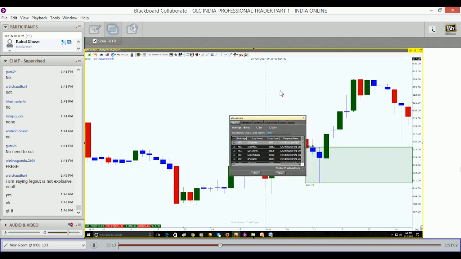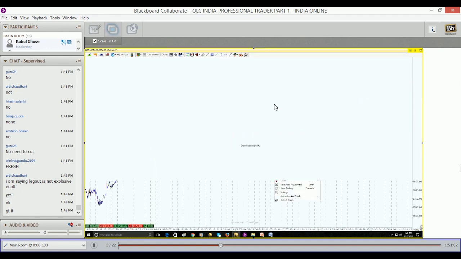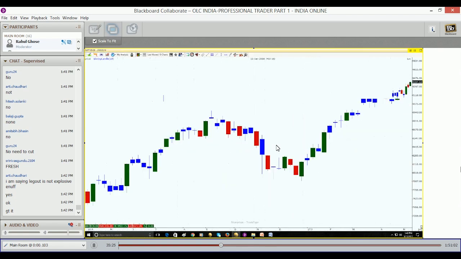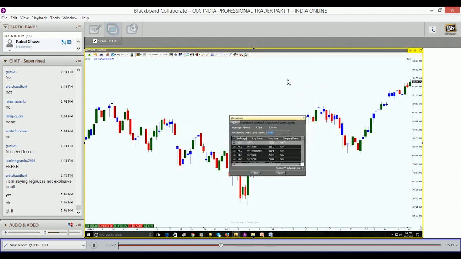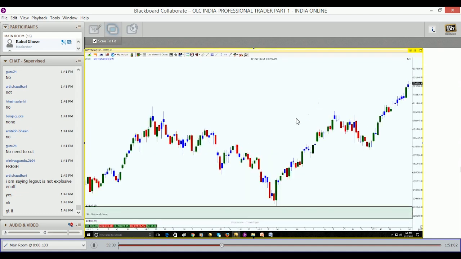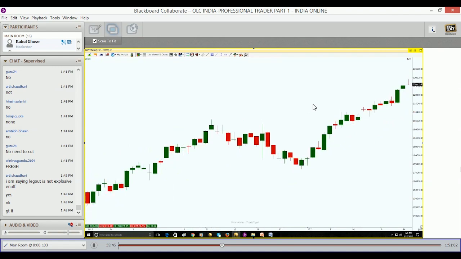Now, let's look at another example. Let's look at Nifty. Now in Nifty or Nifty Bank, let's see. Nifty. Now I want to mark a demand zone on the Nifty weekly chart, friends.